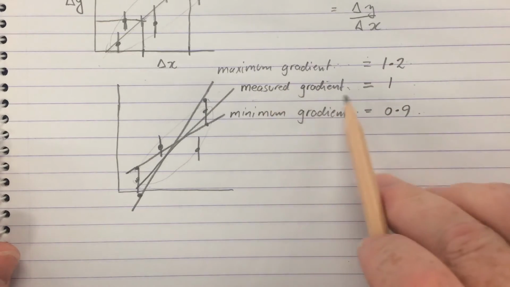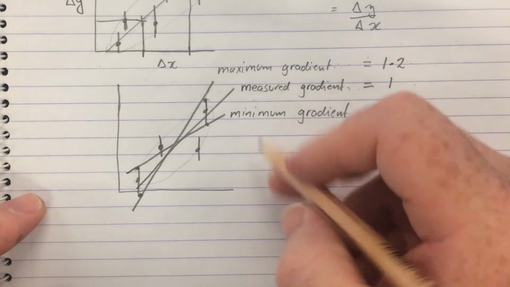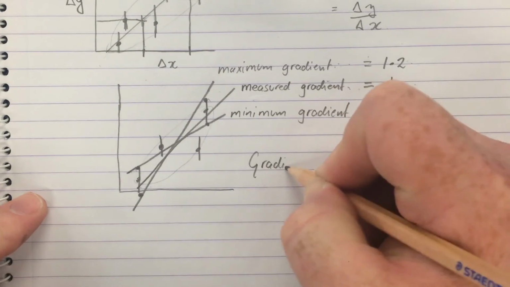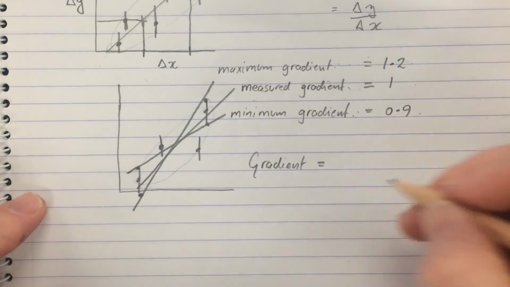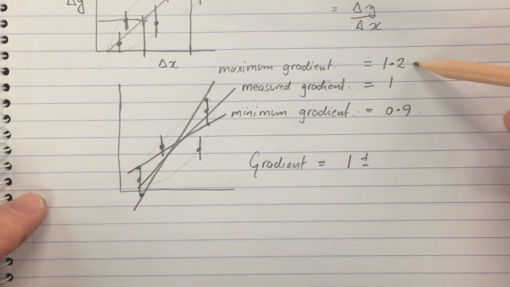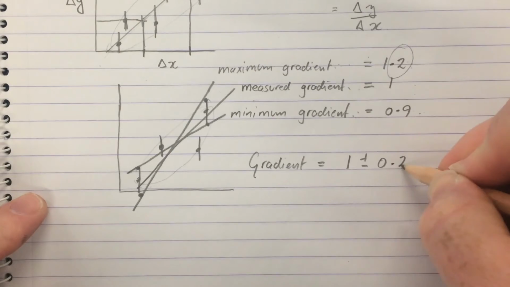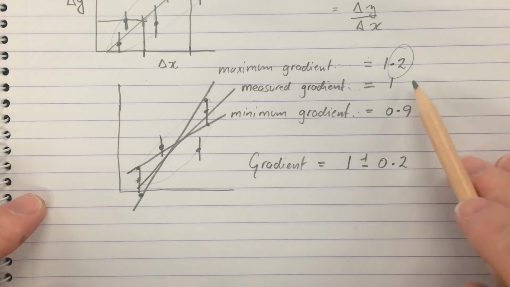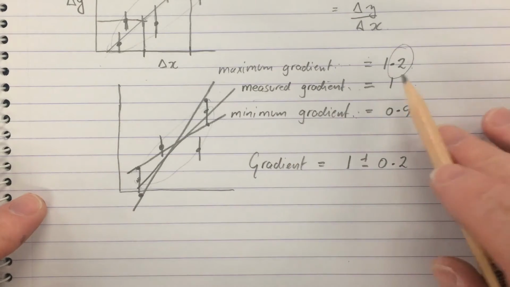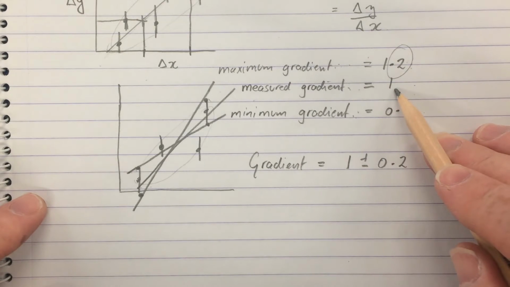Now the way we'll express our answer, the gradient will be equal to 1 plus or minus, and we'll choose the absolute uncertainty that's the greatest. So in this case that will be 0.2 because this maximum gradient is 0.2 above the value that we measured.